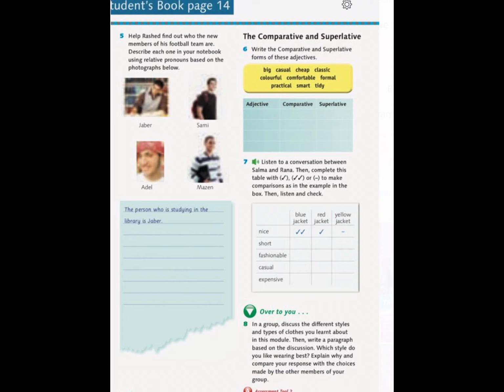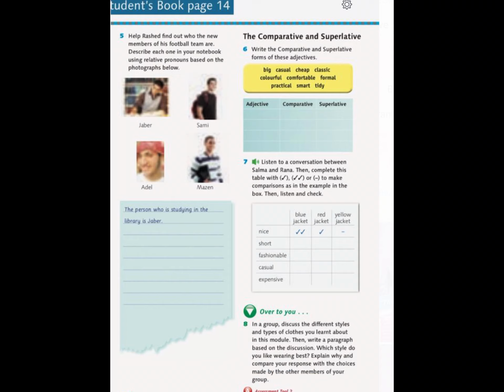So going to formal. Formal is a two-syllable word. Two-syllable words that end in a Y, for example, happy. Happy is two syllables and it also ends in Y. For the comparative, we remove the Y and we add I-E-R.